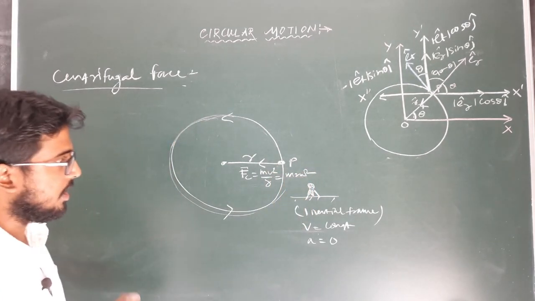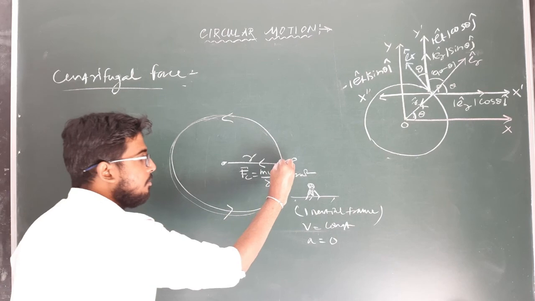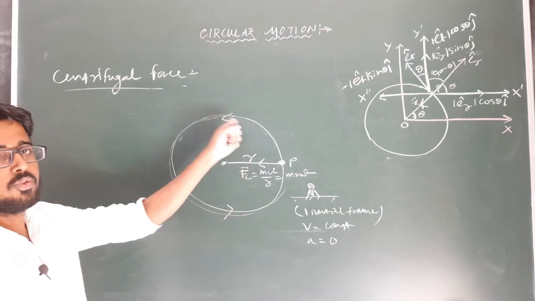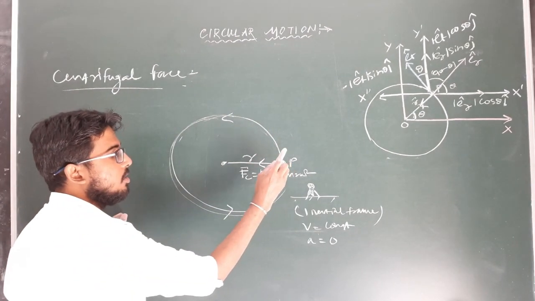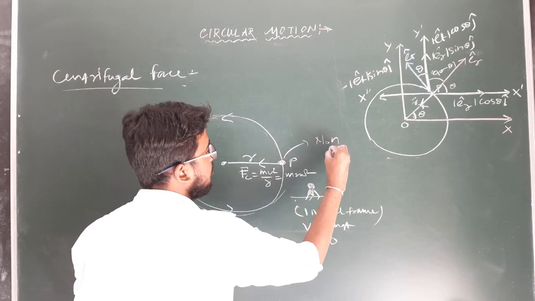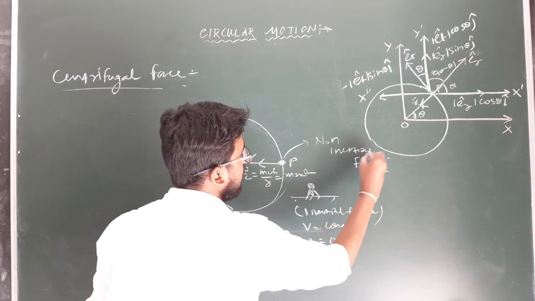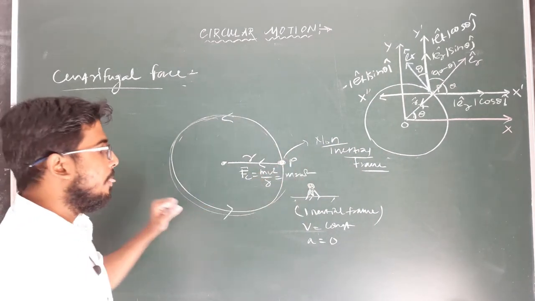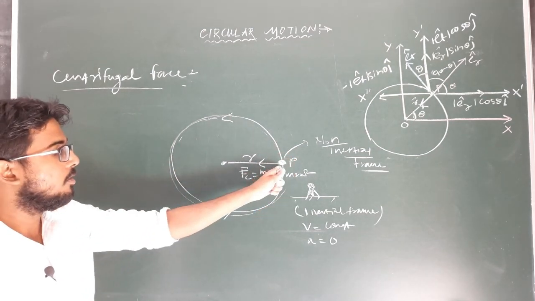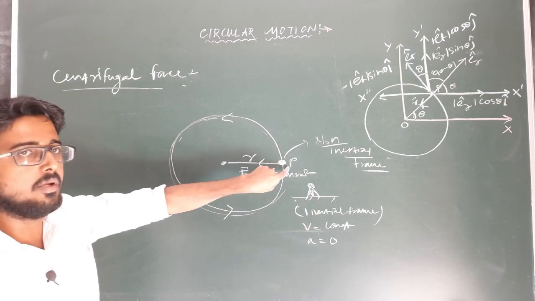But at the same instant, when a person sits on this body which is performing circular motion, then for the observer sitting on this body P, the frame of reference is in motion. So this frame of reference is not at rest, that's why it becomes a non-inertial frame. For the observer on the particle P, the particle is in equilibrium, because for the observer the particle will be at rest.